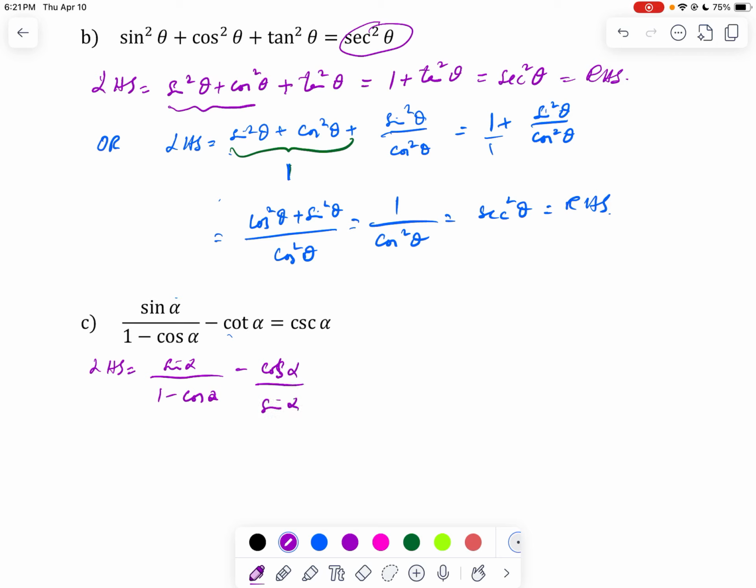So now you should be able to see that the common denominator is 1 minus cosine alpha times sine alpha. So the numerator will become sine square alpha minus, so remember we have cosine alpha times 1 minus cosine alpha. So expand.